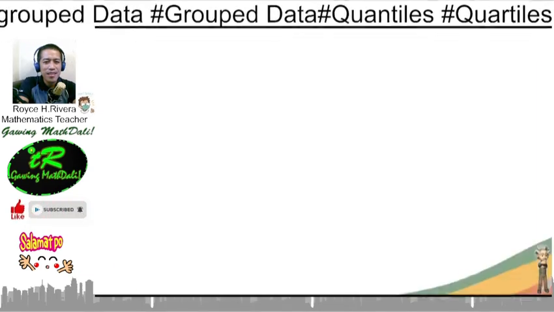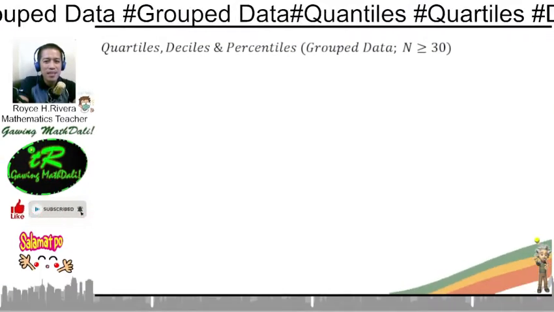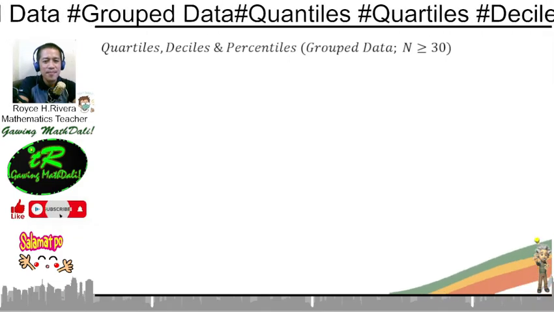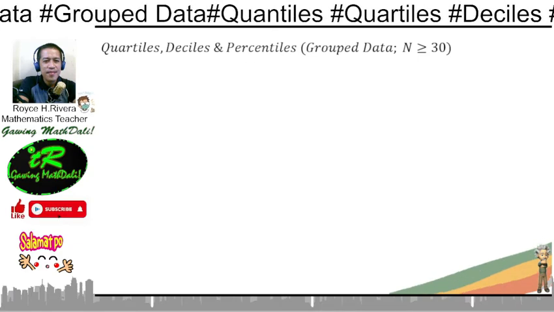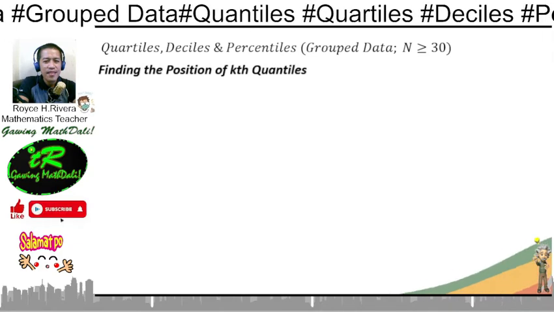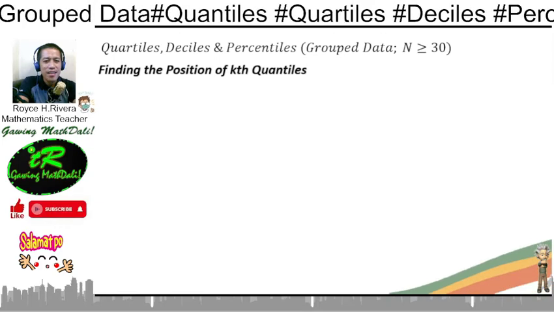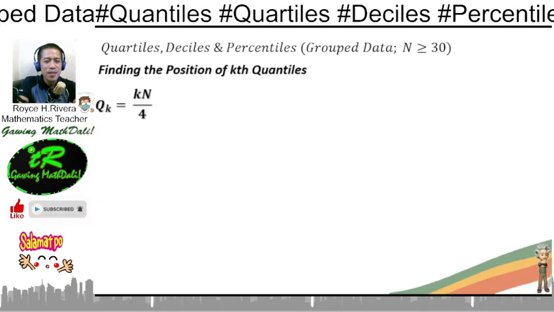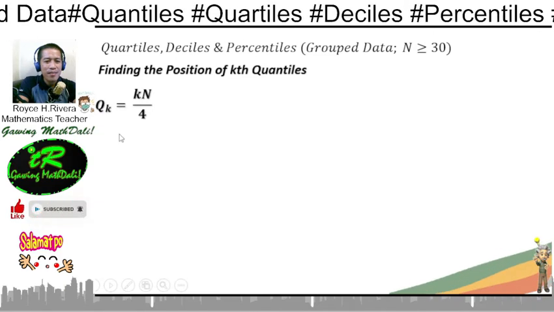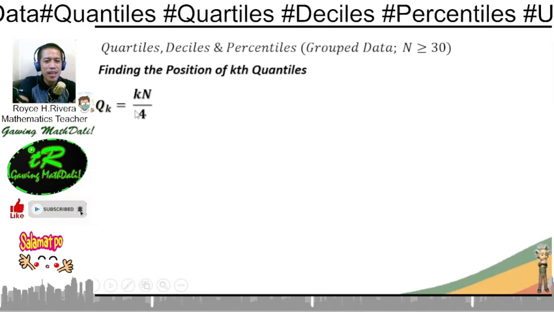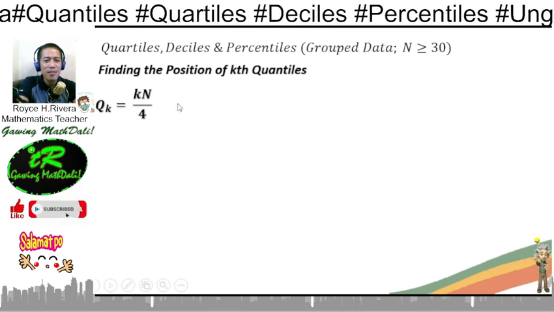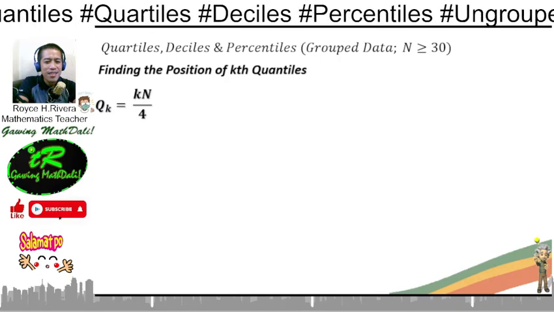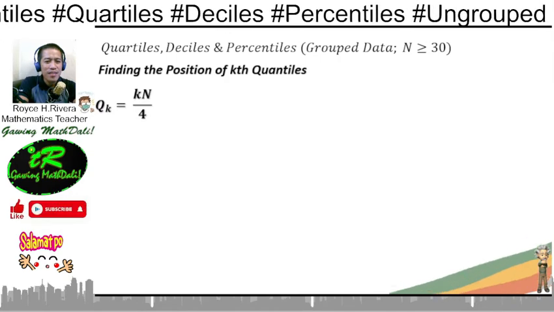So for now, let us proceed to the formula for quartiles, deciles, and percentiles for grouped data. Kailangan natin gawin, una, is to find the position of the kth quantiles. For quartile, we have Q sub k is equal to k times n all over 4. k is also equal to 1, 2, or 3.